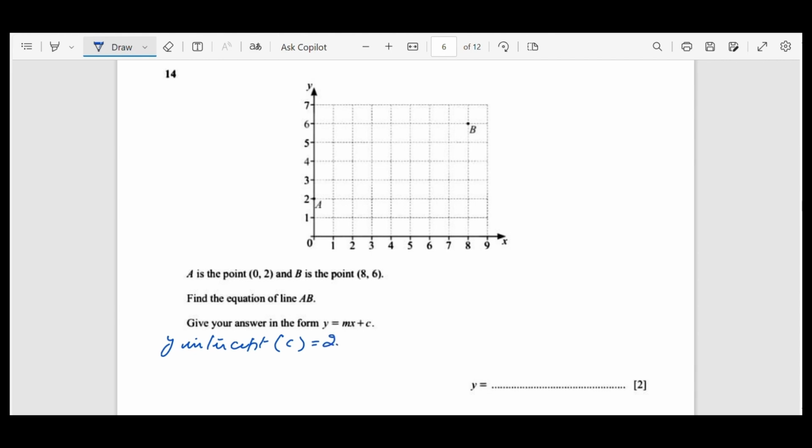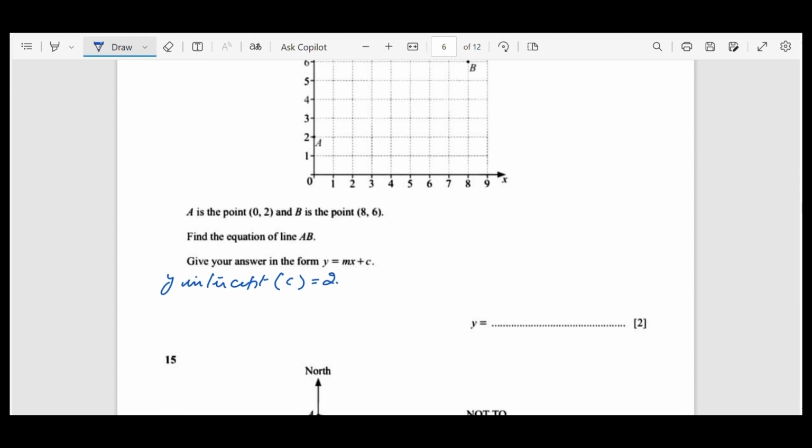Now m will be equal to y2 minus y1 over x2 minus x1, and this will be equal to 6 minus 2 over 8 minus 0, which is equal to 4 by 8.